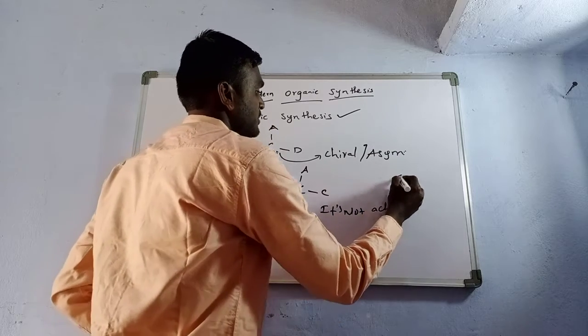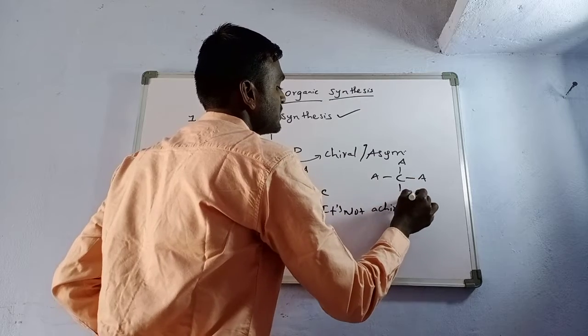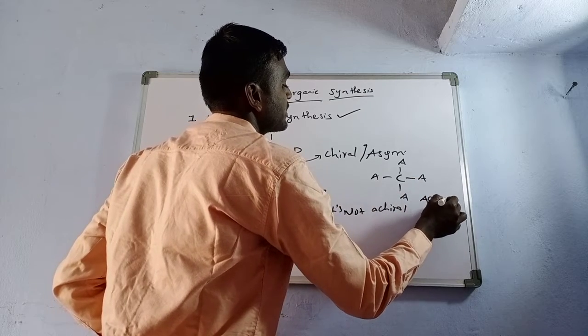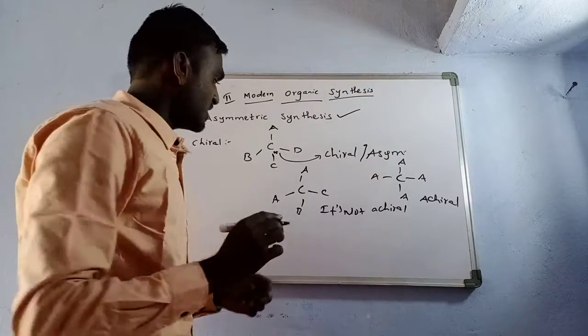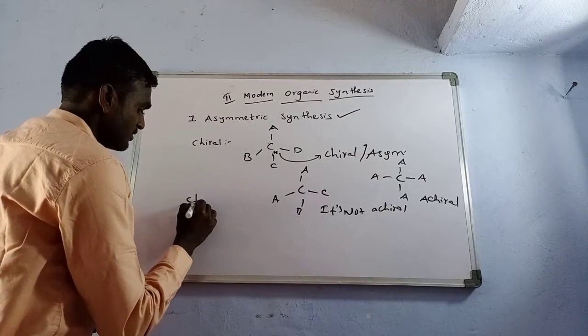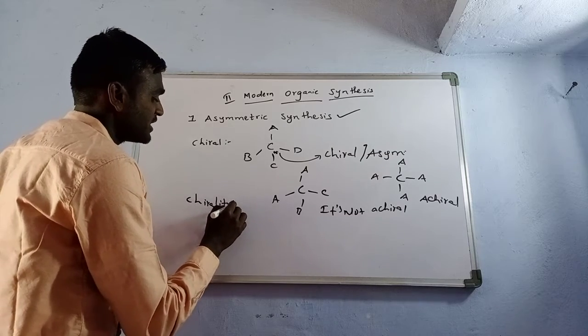Here, if all atoms are similar, it is also an achiral molecule. Another condition is there, the chirality condition. This is also very important. You should remember the chirality condition. What is the chirality condition?